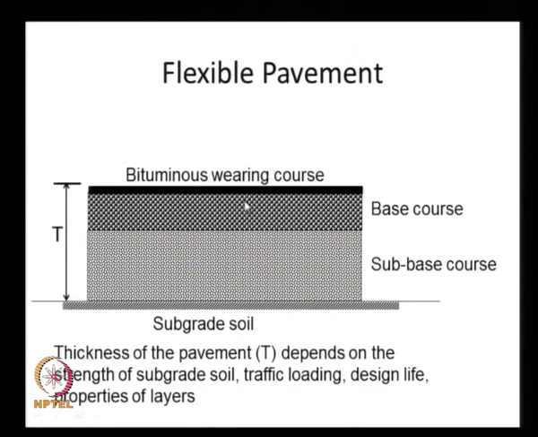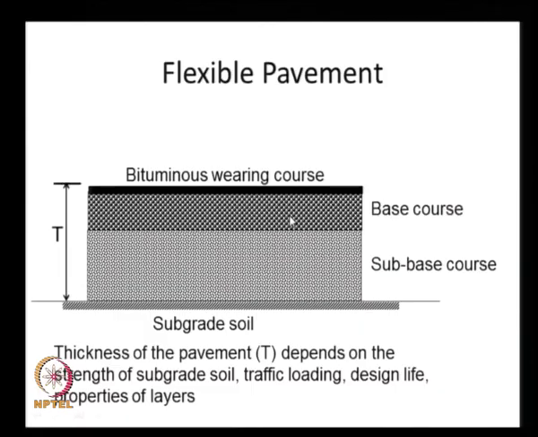Well, here is a cross section of a flexible pavement. What we see at the top is the bitumen wearing course, that is made of bitumen or asphalt, or simply tar as we use in India, and then we have a base course and then a sub base course.